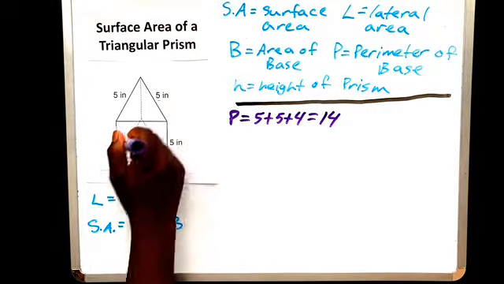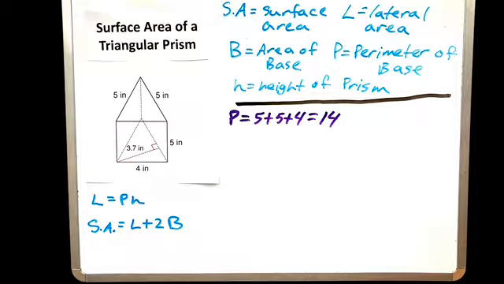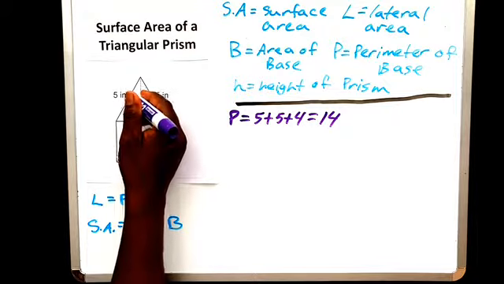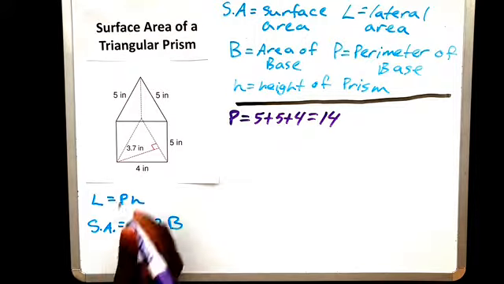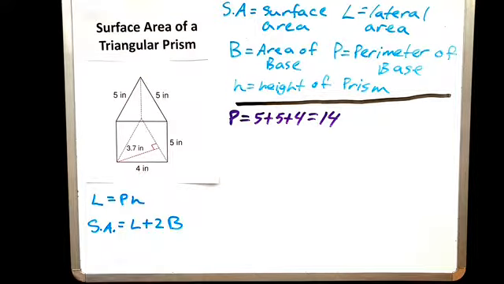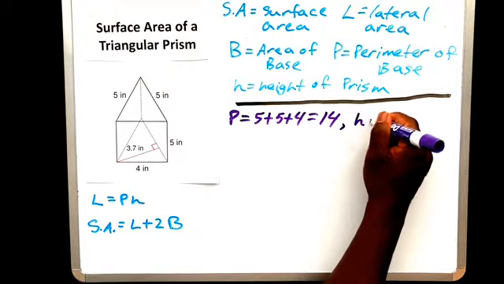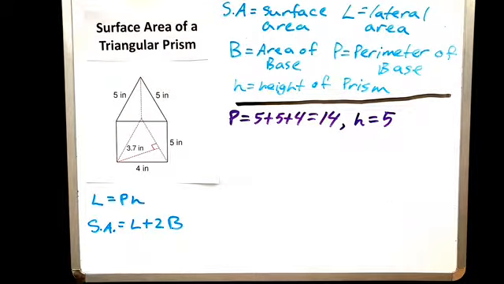How do we know that this side is 5? Because this side is 5 up here, so this is actually an isosceles triangle. So we know what P is. We also know the height of the prism, which is 5.